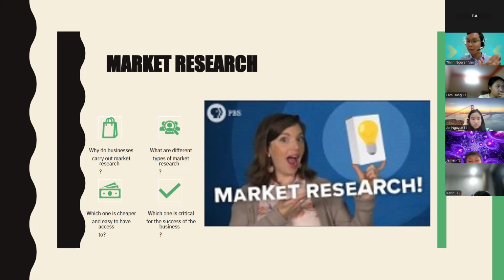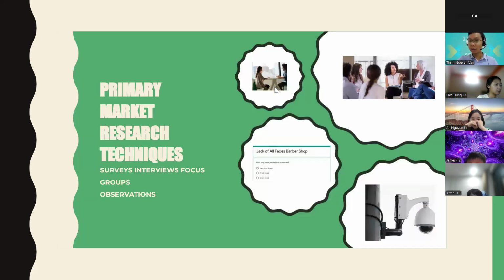So the first part of our lesson today, we're going to learn about different ways to do research. And based on that, you're going to choose the best method for your product, for your company, or for your market. So now, the first one we call primary market research.